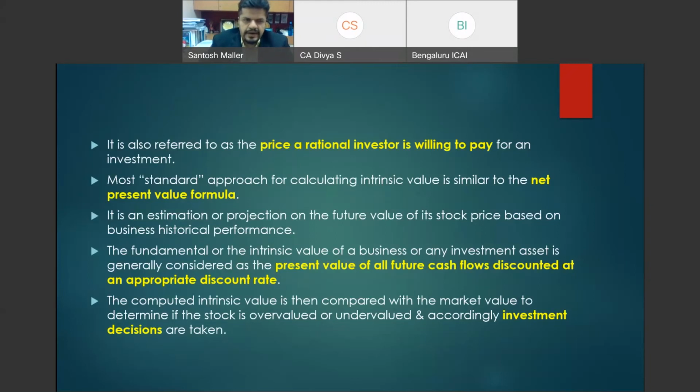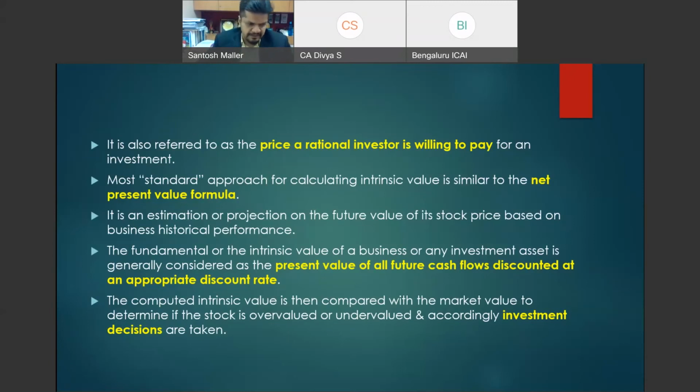Traditionally, most of these private equity firms, or even some financial institutions, because of the sheer size of their activities, like mutual funds, would do a proper valuation exercise and compare the value with the price to determine whether it's undervalued or overvalued, underpriced or overpriced, and accordingly make their investments.